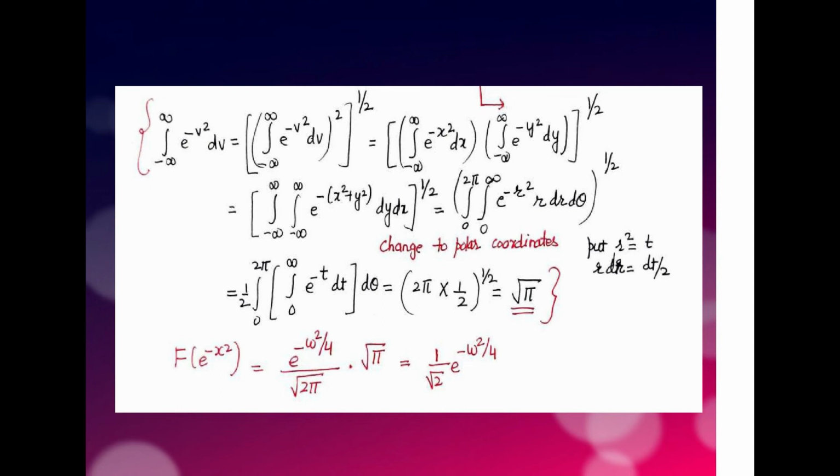Now we can again integrate this. Just put r square equal to t, and after simplification we have root pi. So finally we substitute this value and we have the Fourier transform of e raised to power minus x square given by 1 upon root 2 times e raised to power minus w square divided by 4.